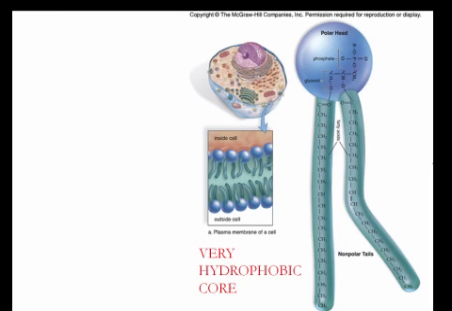Let's take just a moment and examine the structure and the nature of the phospholipid. Recall in Lesson 2, we distinguished between polar covalent bonds and nonpolar covalent bonds. And this is very important because whenever you have polar covalent bonds, that can create some charge separation and some polar molecules. We are in an aqueous environment, and water is polar.